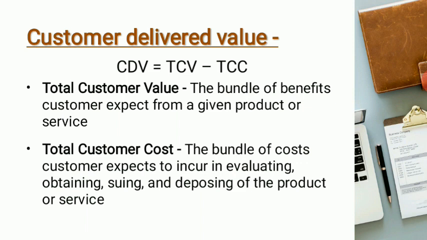It includes money cost, that is the price of the product; time cost, that is the time spent searching, evaluating, buying, and other decision processes related to the product; energy cost, that is the degree of physical effort used by the customer for searching, evaluating, and buying the desired product; and psychic cost, that is the cost related to frustration and dissatisfaction of the customer with the product and service. So these all are total customer cost.